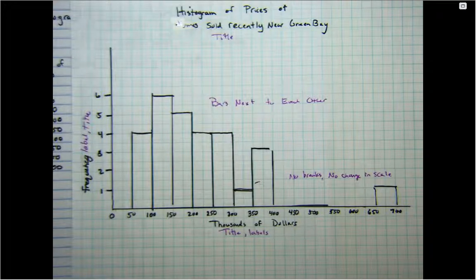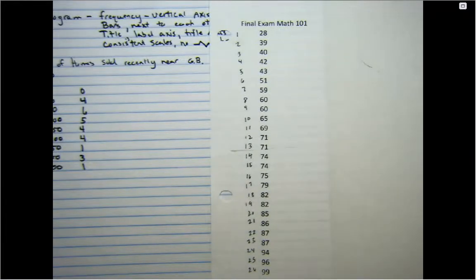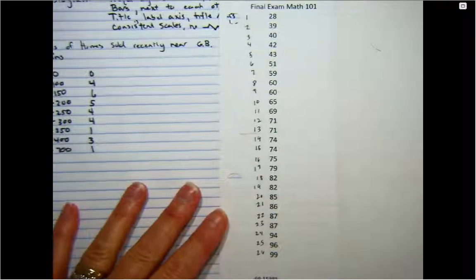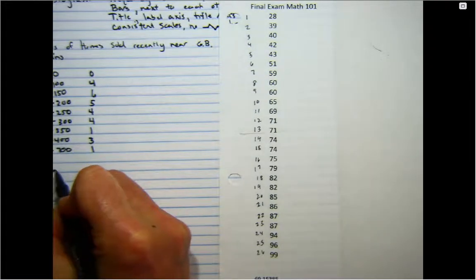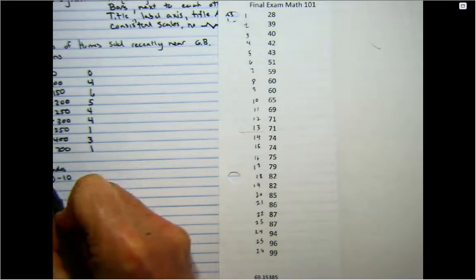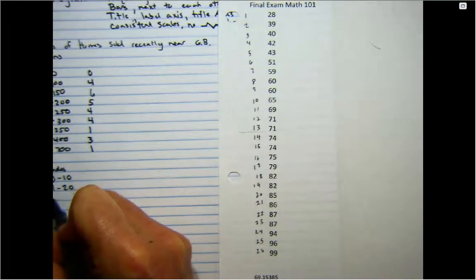Let's go ahead and try doing that for these Math 101 grades. Let's see if you can do this one, and then hopefully you'll have the hang of this pretty good, okay? So go ahead and do the histogram for the quiz grades. Let's agree on a bin together, and then ours will look similar to each other. How about your bin goes 0 to 10, 11 to 20, 21 to 30.